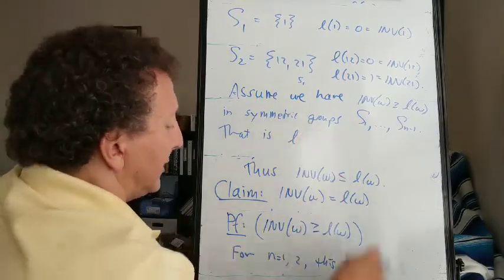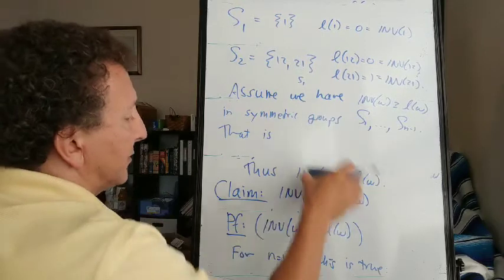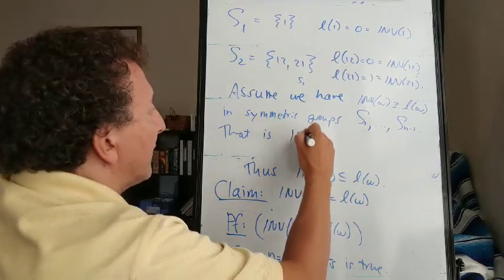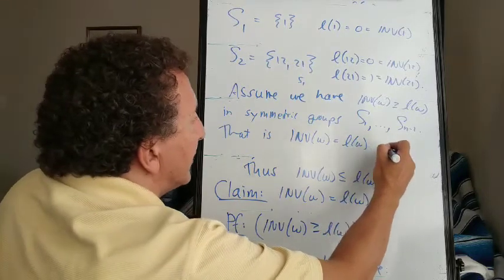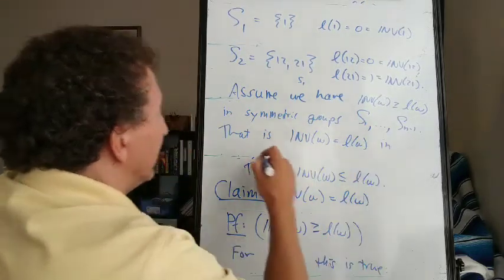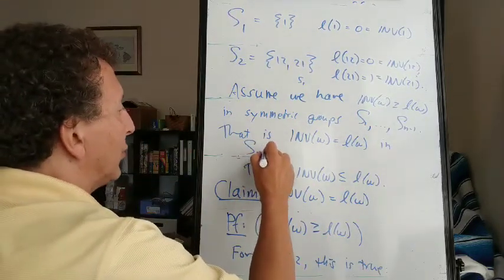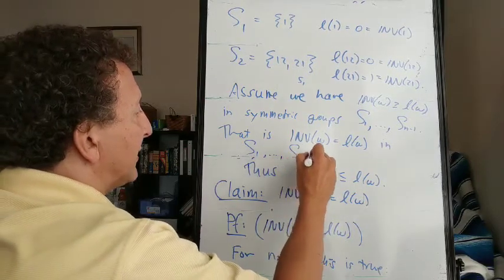We have number of inversions in W equals length of W in the symmetric groups capital S1 through capital Sn minus 1.